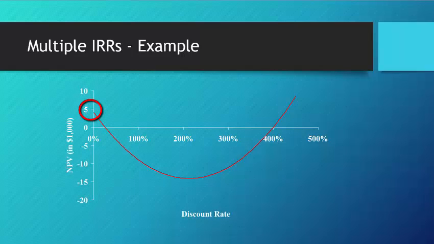Then it crosses at 0.25, where k is 25%, and after that the net present value of this function goes negative, at which point we would not adopt the project until our discount rate gets up to 400% or beyond, at which point our net present value becomes positive all over again, and it makes sense to invest in the project.